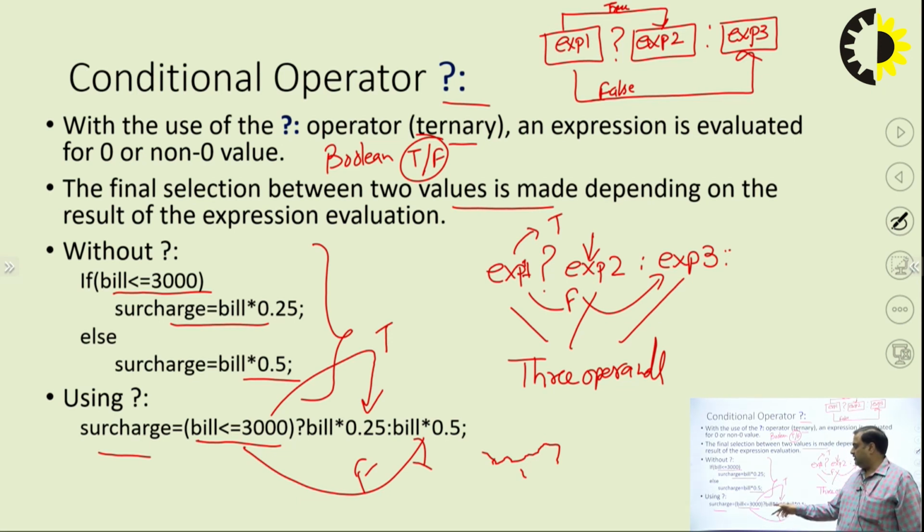Understood? If it is true, 0.25 will be multiplied and assigned to the surcharge. If it is false, 0.5 will be multiplied and assigned to the surcharge. So with the help of this conditional operator, we can easily do these kinds of simple choice making or branching while selecting one value depending on the value of another expression.